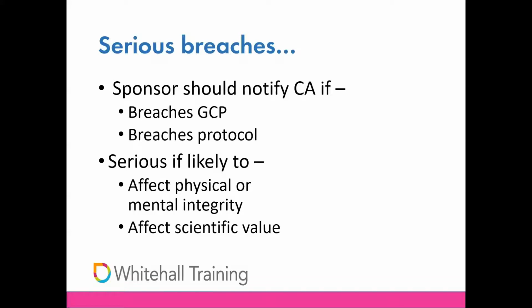The judgment on whether a breach is actually going to have a significant impact on the scientific value of a trial really depends on a whole range of factors, like the design of the trial, the type and extent of the data affected by the breach, overall contribution of the data to key analysis parameters, the impact of excluding the data from the analysis, things like that. But it's not the responsibility of the lab, it's the responsibility of the sponsor to assess the impact of a breach on the scientific value of a trial.